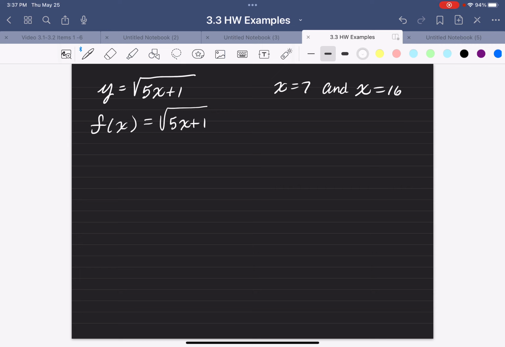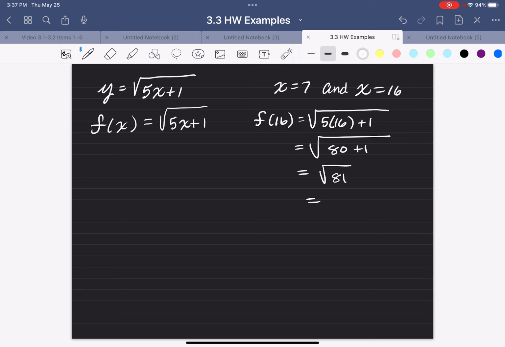So I'm going to find f at 16, which is the square root of 5 times 16 plus 1. That's the square root of 80 plus 1. The square root of 81 is 9. And then f of 0, be careful, it's not 0 this time. The square root of 5 times 0 plus 1 is the square root of 0 plus 1.